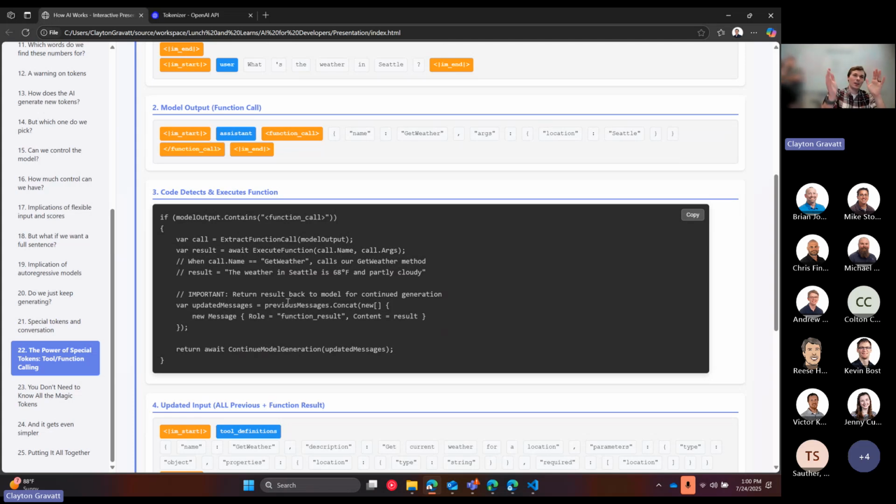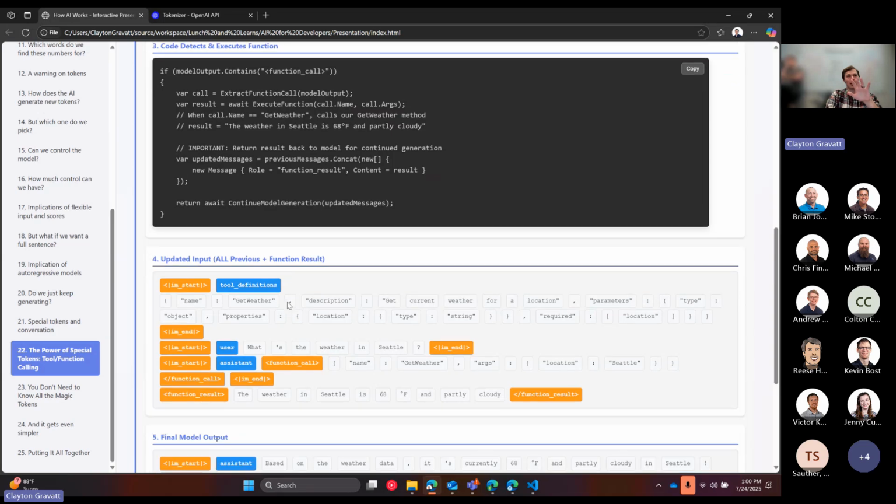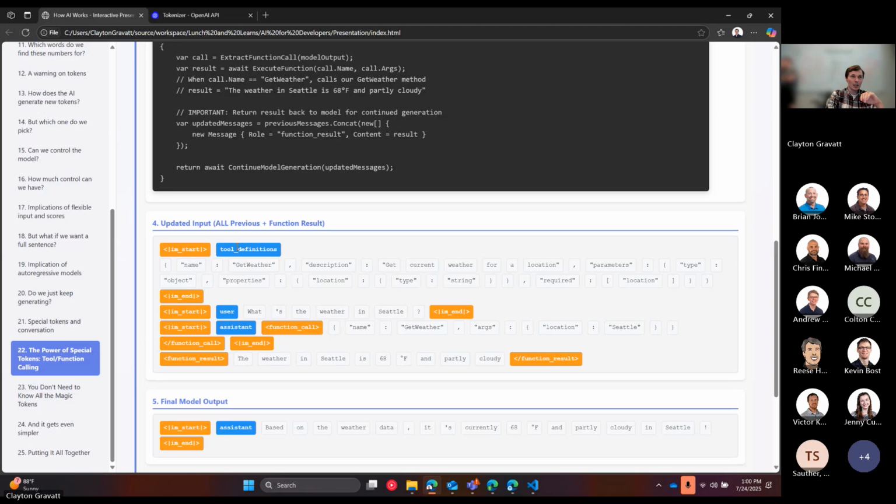So let's add in our function result and see what our tokens look like now after it's emitted that function call and we've given it a response. We can see our tool definition still. Again, we have to feed the whole thing back in. It needs all the tokens to know what comes next. We can see our user prompt. We can see the function call that it's emitted, and then we've returned the response, our function result.